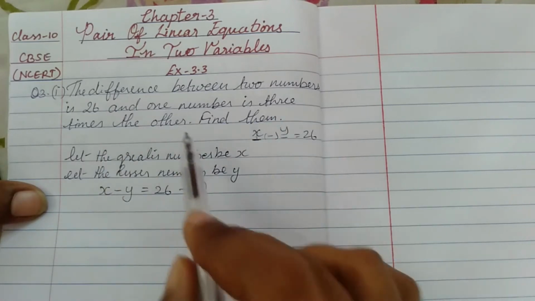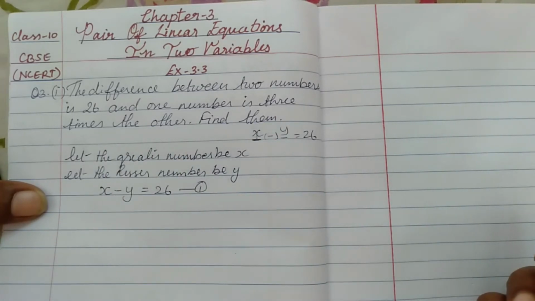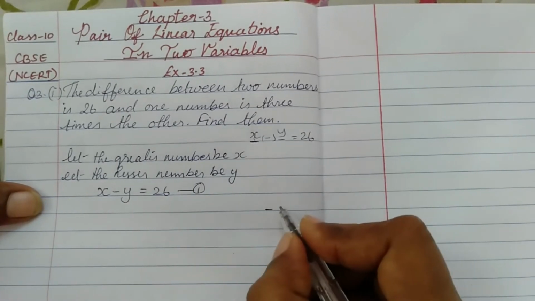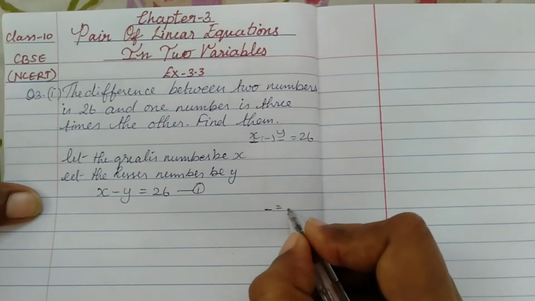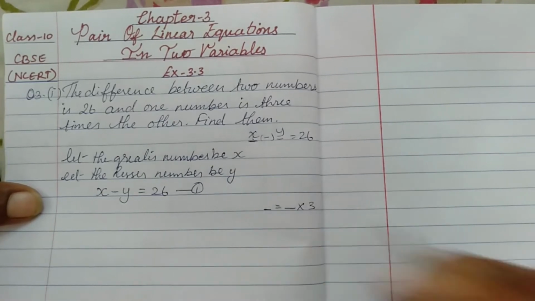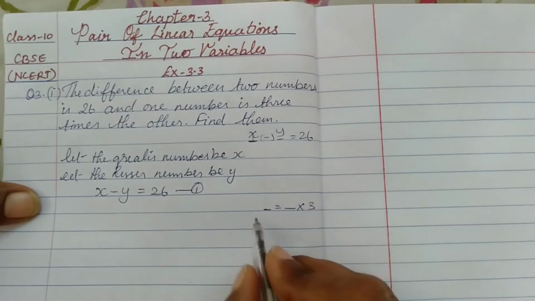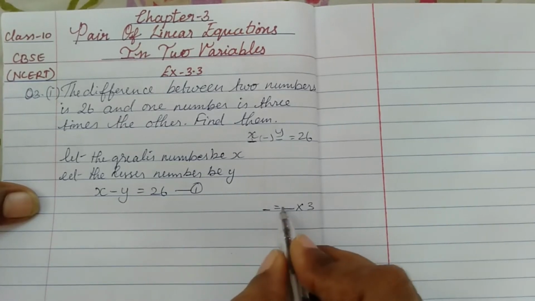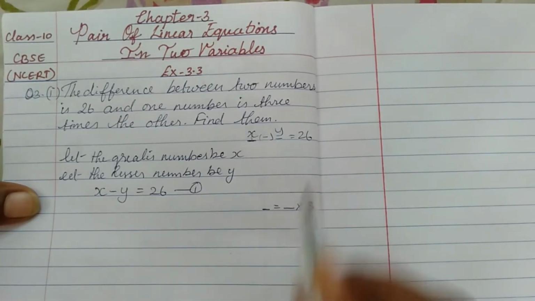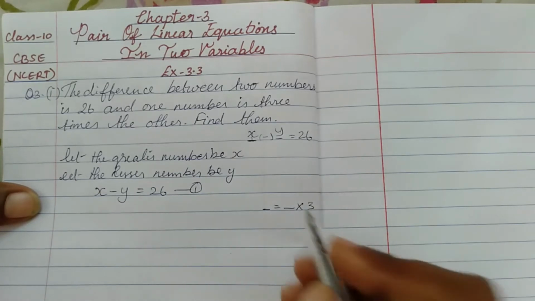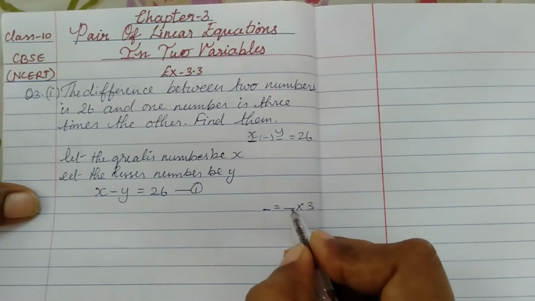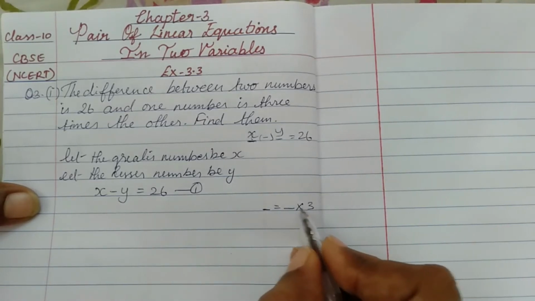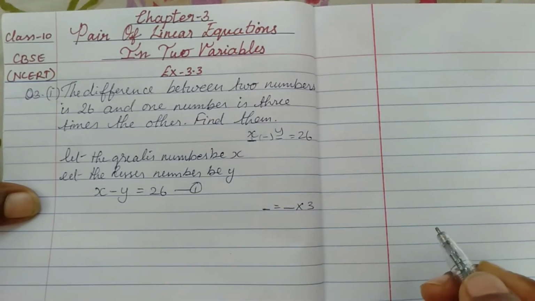One number is 3 times the other. See, you have one number is equal to 3 times the other number. Okay, so now here arises a question as to what you will place here, x or y. See, when you multiply a number by 3, what will happen? That number will become a greater number, right?